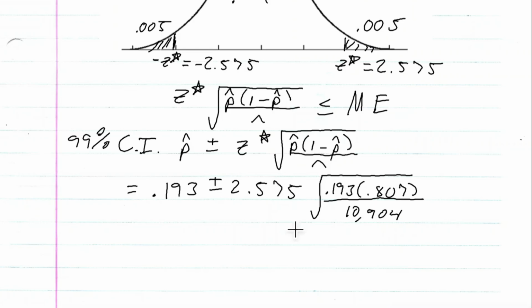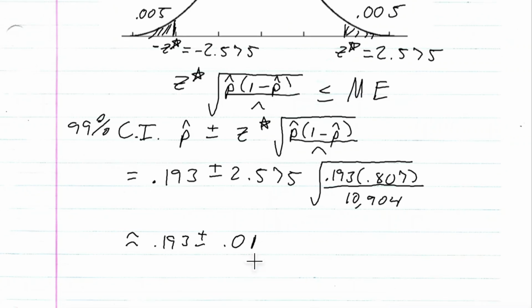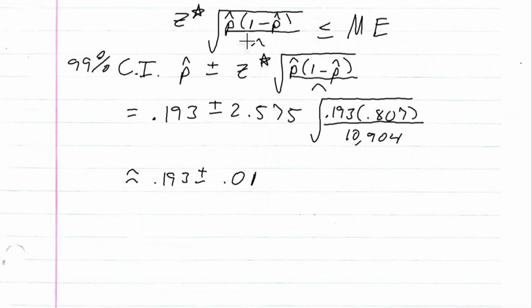So this is roughly 0.193 plus or minus 0.01. That means 0.01 is going to be our margin of error for our confidence interval.